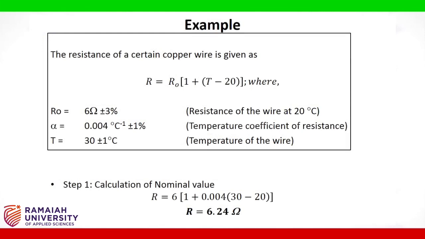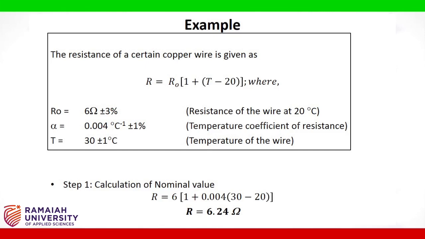calculate the uncertainty. The resistance of an RTD sensor at a temperature T degrees Celsius having copper wire material is given as R equal to R naught into 1 plus alpha into T minus 20, where R naught equal to 6 ohms plus or minus 3%, alpha equal to 0.004 ohms per ohm per degree Celsius plus or minus 1%, and T equal to 30 plus or minus 1 degree Celsius.